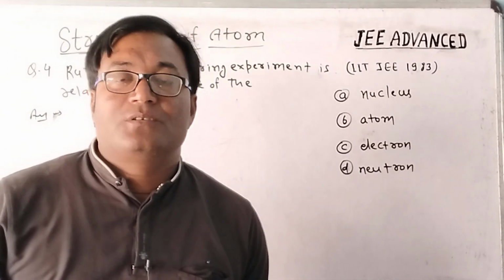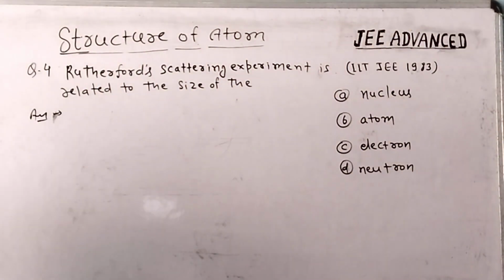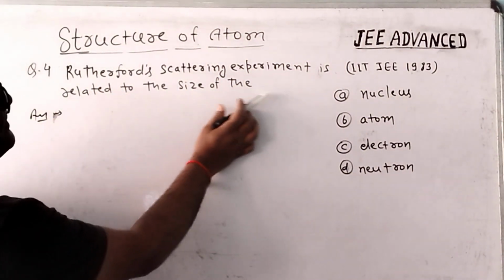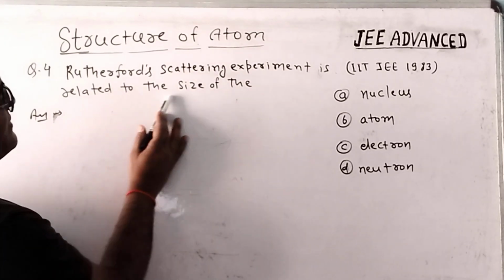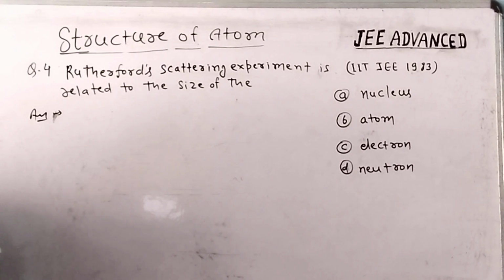Now question number 4 is based on the alpha scattering experiment. According to question number 4, Rutherford's scattering experiment is related to the size of the nucleus, atom, electron and neutron. Okay.